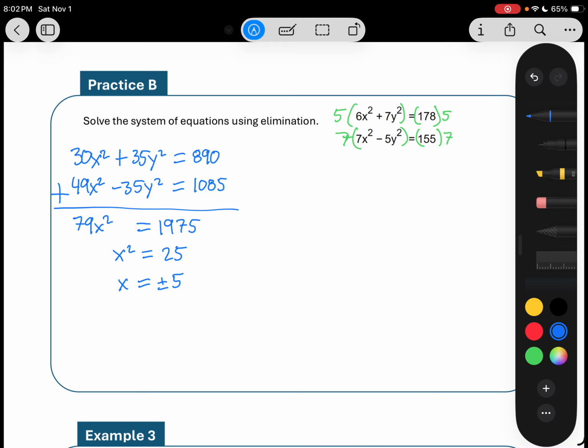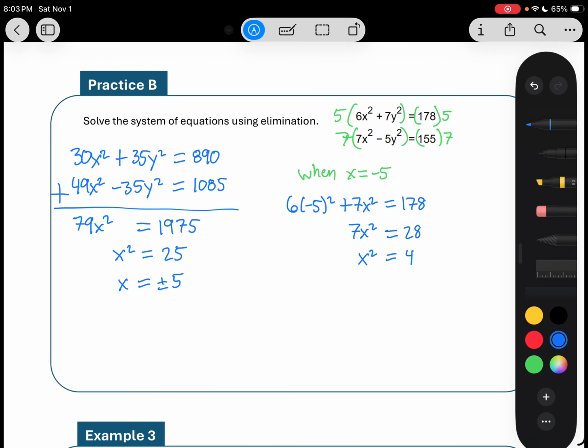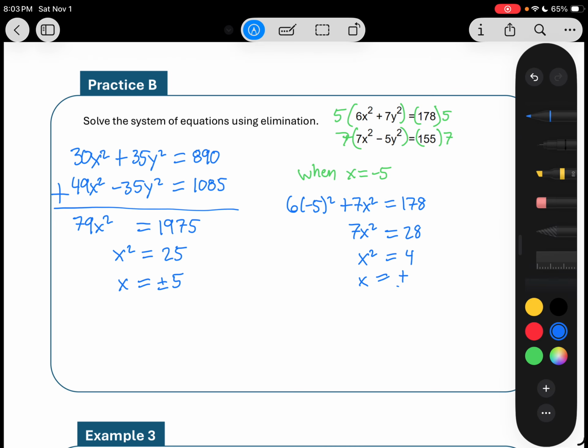Now I can plug that in to find y. I'm going to plug it into the top equation. So when x is equal to -5, we do a little bit of algebra here, and we'll get 7x squared is equal to 28, x squared is equal to 4, and x is equal to plus or minus 2.